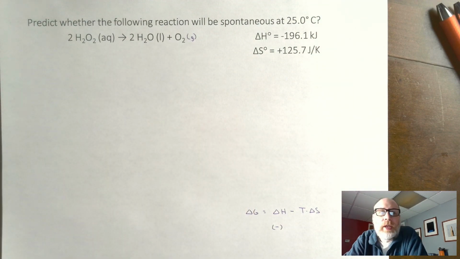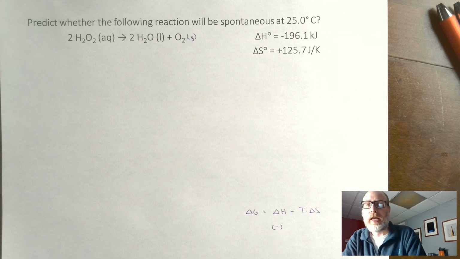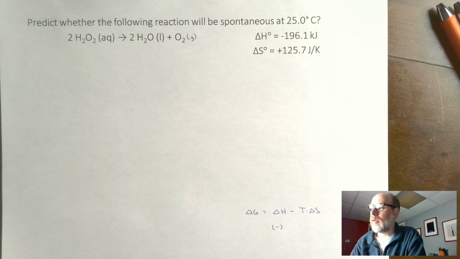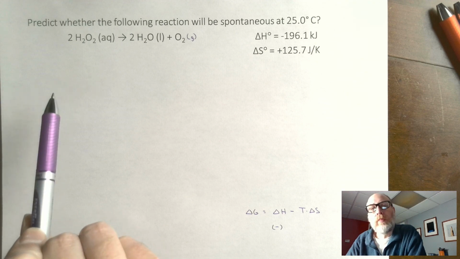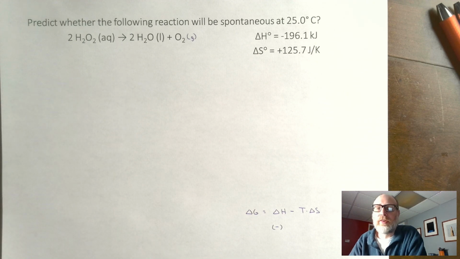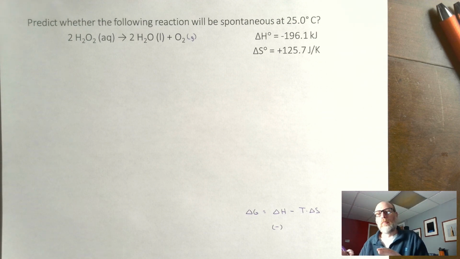And we know that we can predict what an entropy change would be just from looking at a chemical reaction. Generally, entropy will increase if you increase the number of molecules or ions or things that are produced in the reaction, because there are more molecules or more things to spread the energy over.